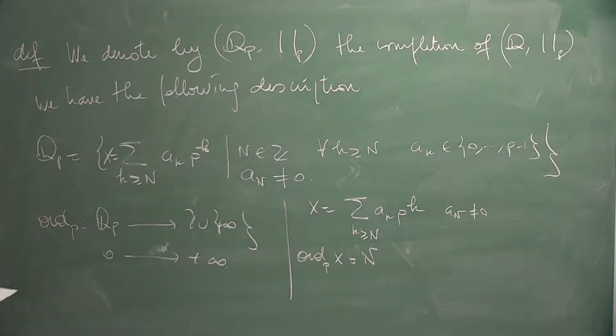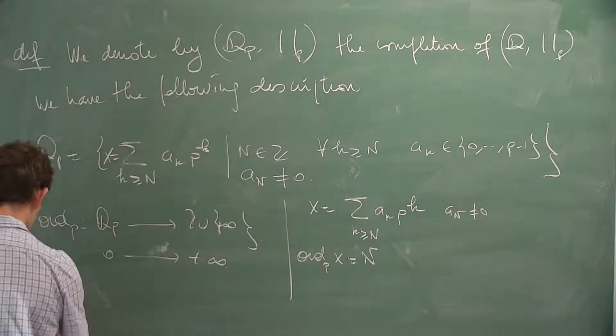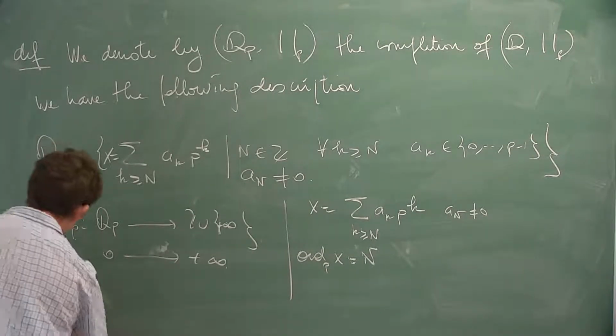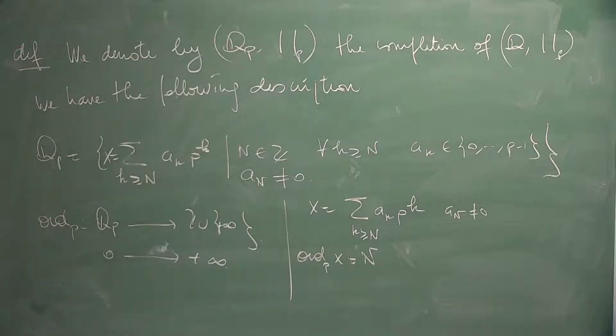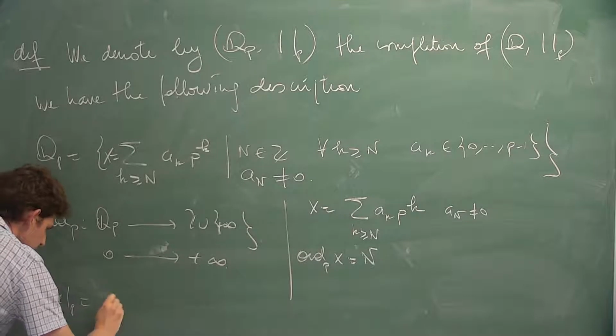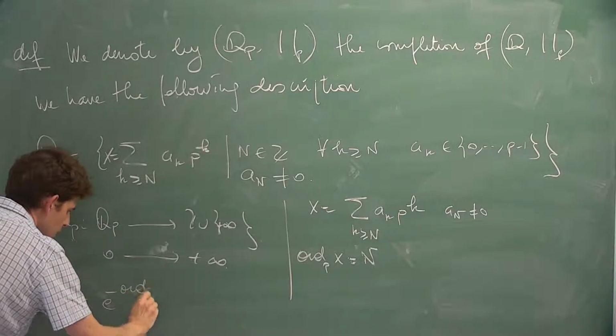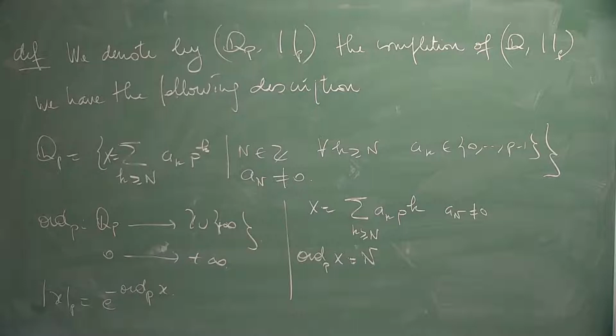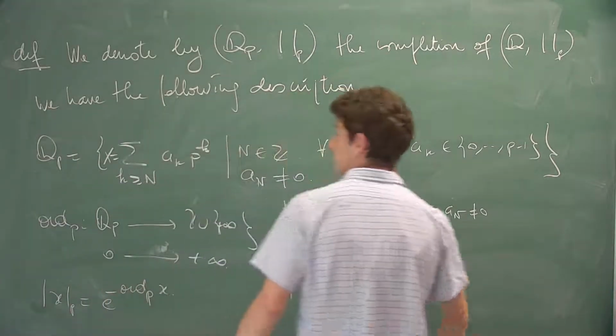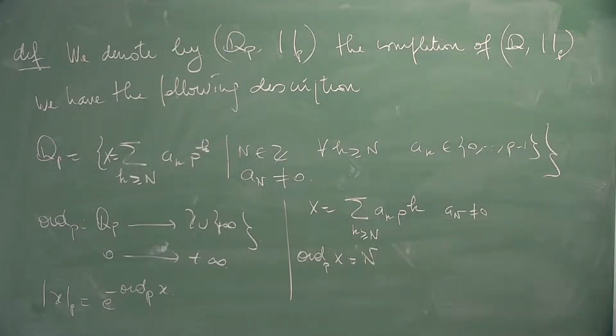Okay, and maybe later we will need the notion of angular component. Oh, maybe I will write later. So also the absolute value of x will be defined as exponential minus the order of x. So using that, you have, so this is a valued field, and you have the ring of integers, and you have the residue field attached to that.